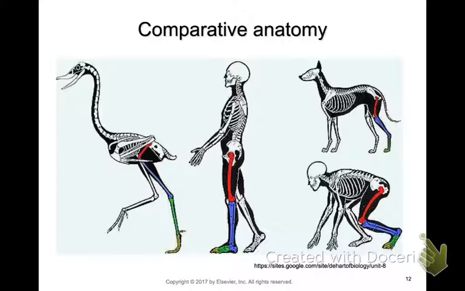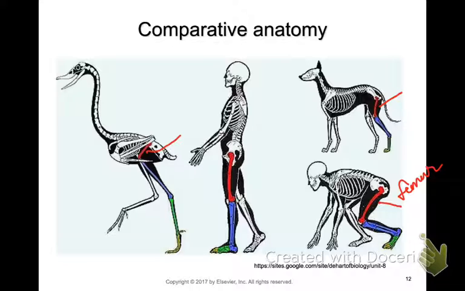This red bone is called the femur, and you can see that it looks pretty similar in the dog and the human. It's a little shorter in the bird because of the way the bird uses its legs to walk, and most birds fly as well, so they don't have as much weight bearing on that bone as a human who's upright or a dog.